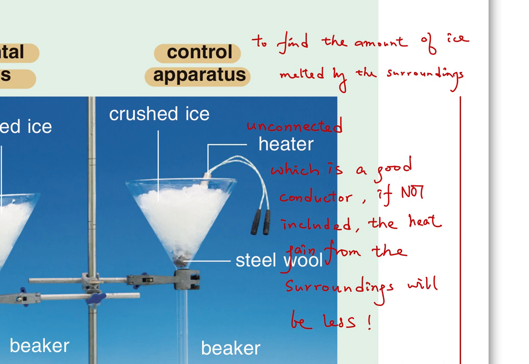If it is not included in the control setup, then the heat gain from the surroundings would be less. The control setup is used to find the amount of ice melted by the surroundings during the experiment.